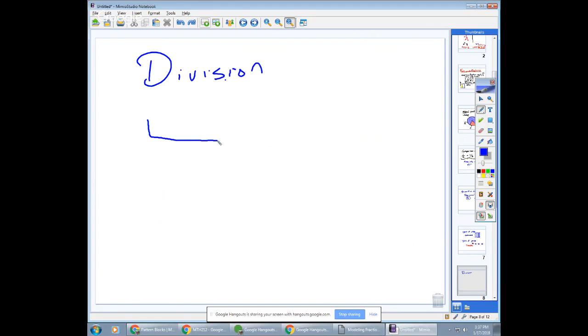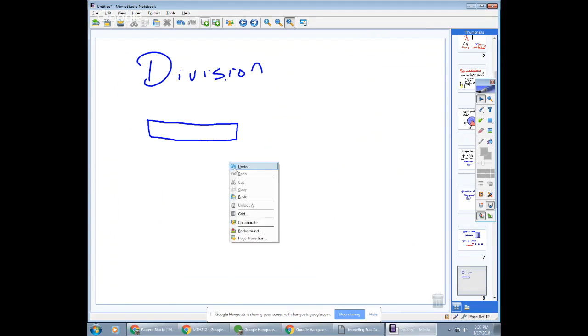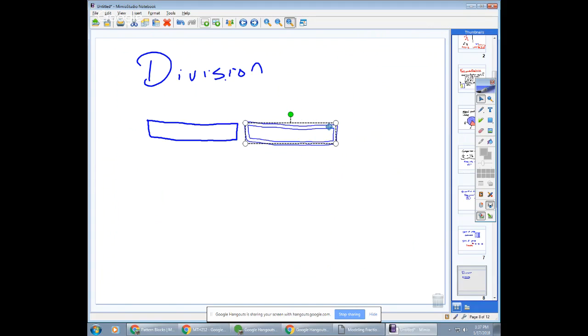Draw chocolate bar, and then copy it and paste it. Okay, so now I have 2 chocolate bars. They are identical. But I have 3 people that want to eat this.